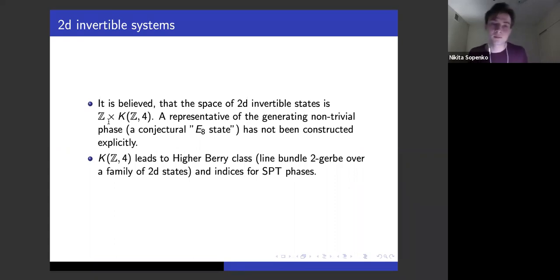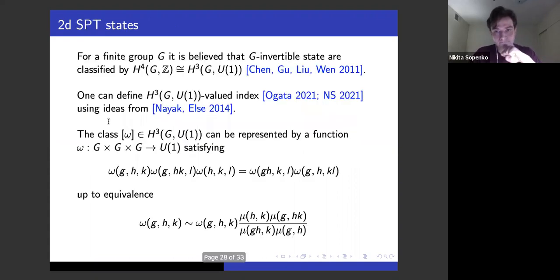But we can say something about this KZ4 part. It is expected that there should be some generalization of this Berry class, which in this case would be some U1 bundle gerbe over all that. And this part is related to the indices for invertible states in the presence of symmetry. That's what I'm going to discuss next: how to define these indices.